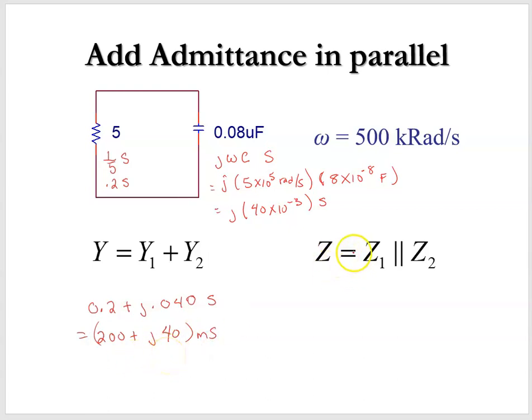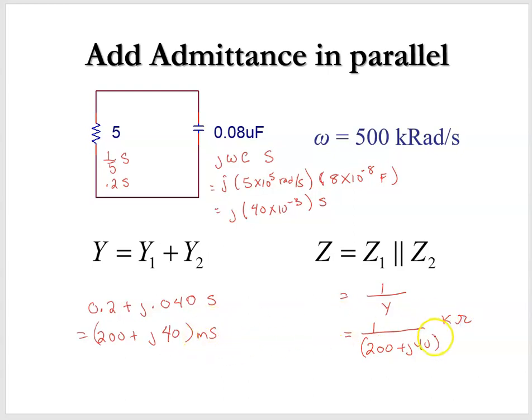If we want to look at the impedance, we could say it's just equal to 1 over Y, so 1 over 200 plus j40, and instead of millisiemens it's going to be kilohms.